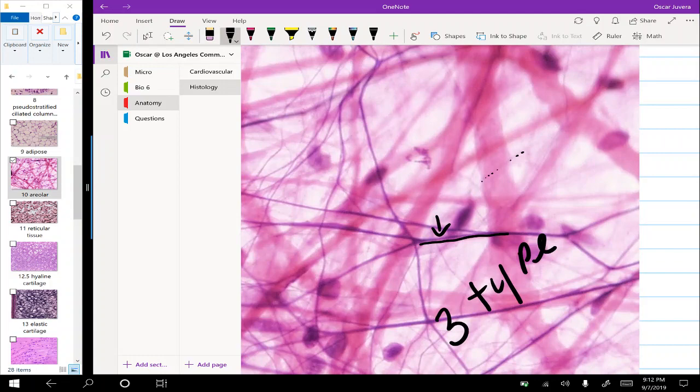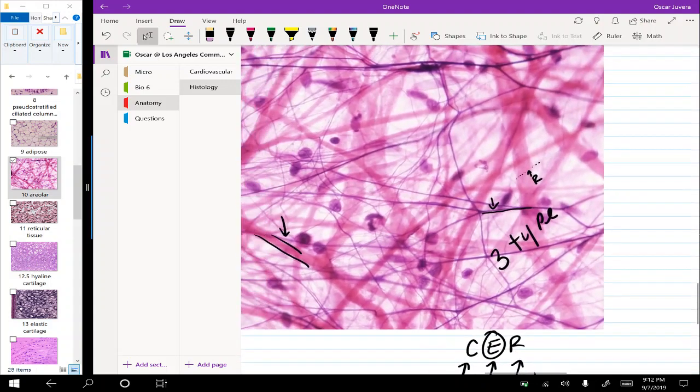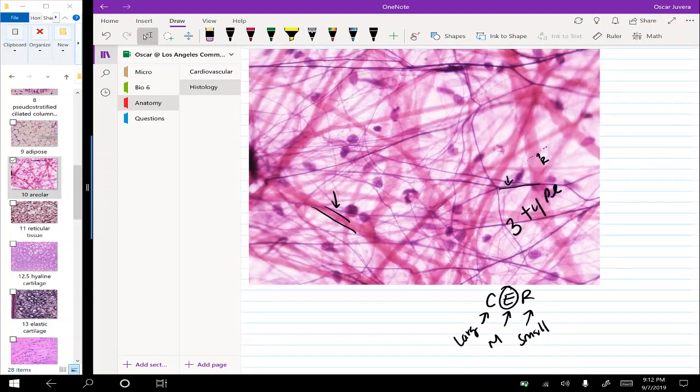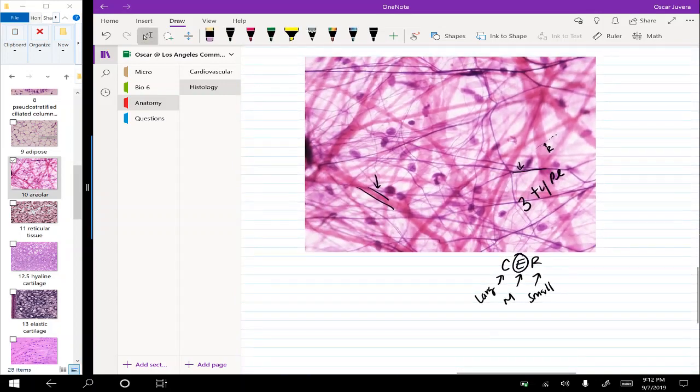Do you see how thin that is? That's the reticular fiber. It looks like strings of hair. They're barely there. They're really, really thin, but they are there. So again, areolar, open framework, 3 types of fibers, the SIR: collagen, elastic, reticular; large, medium, small.